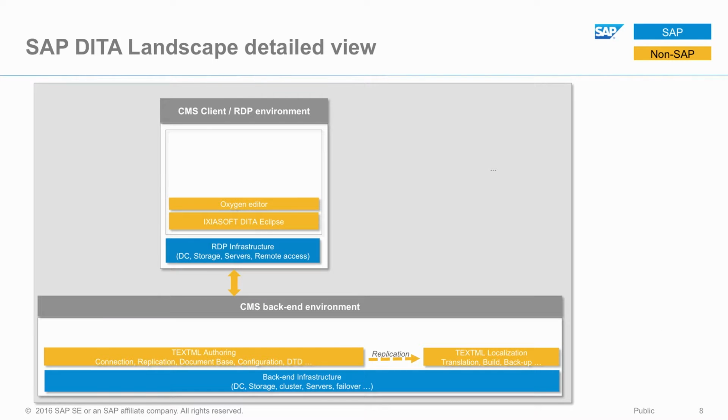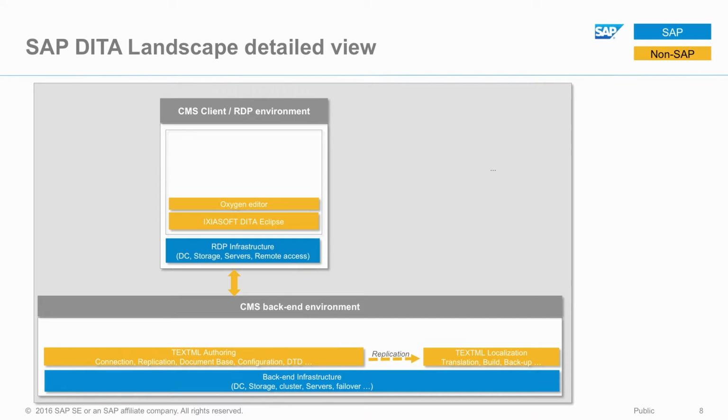Before going really into the topic, I just want to highlight a bit the landscape we have implemented so far. You can see also the color coding. Blue means implemented by SAP, and all the yellow part is coming from various vendors we are working with.